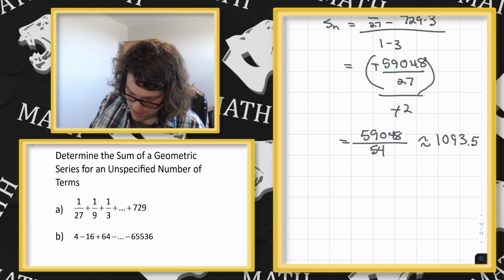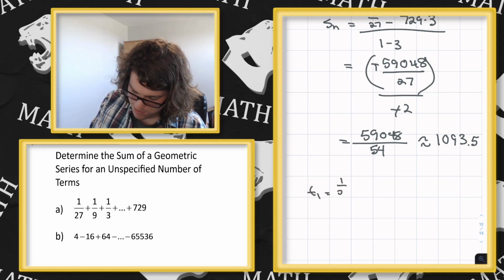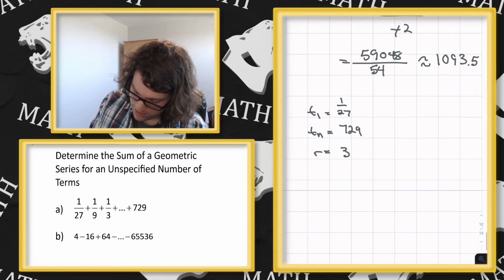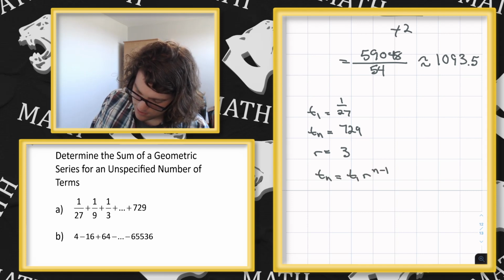So if our T1 is equal to 1 over 27, and our Tn is equal to 729, and our r value is equal to 3, then we could say that Tn is equal to T1 times r to the n minus 1.